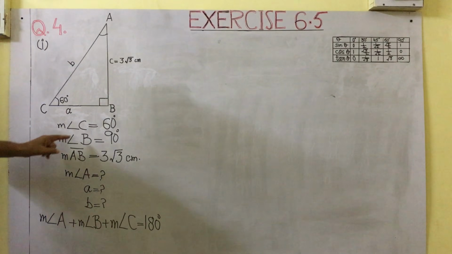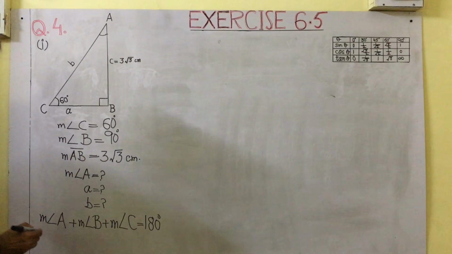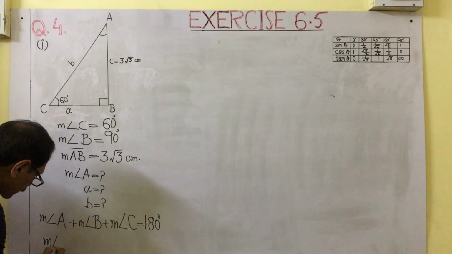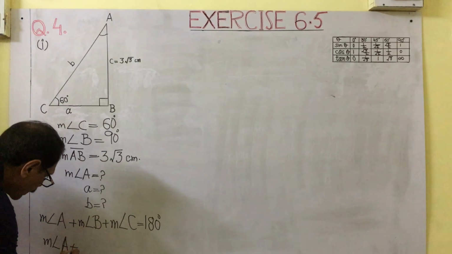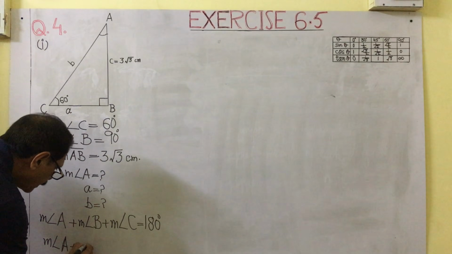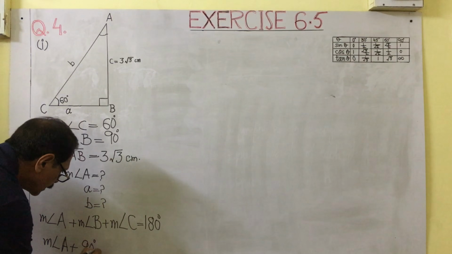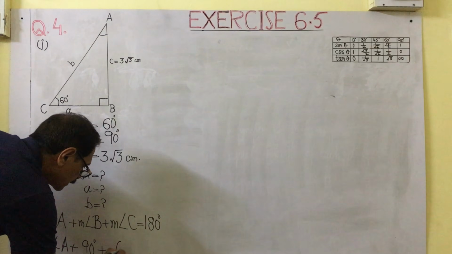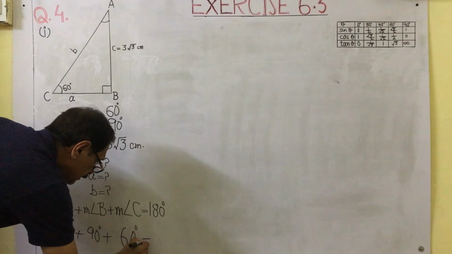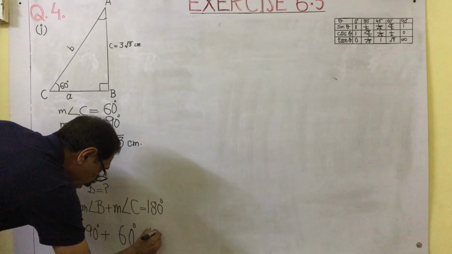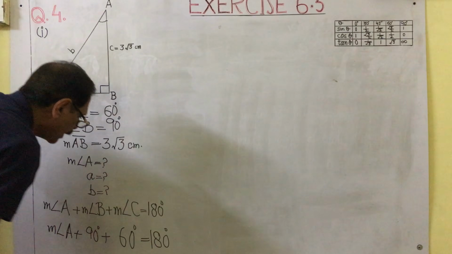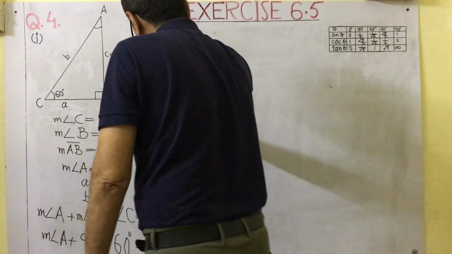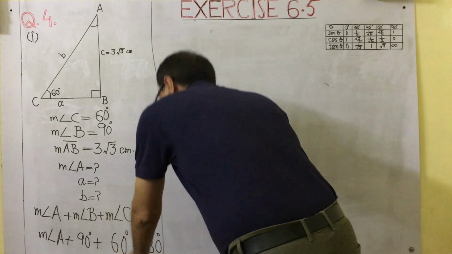Putting the value of angle C and B: angle A plus angle B, which is 90 degrees, plus angle C, which is 60 degrees, is going to be equal to 180 degrees. 90 plus 60 is 150.